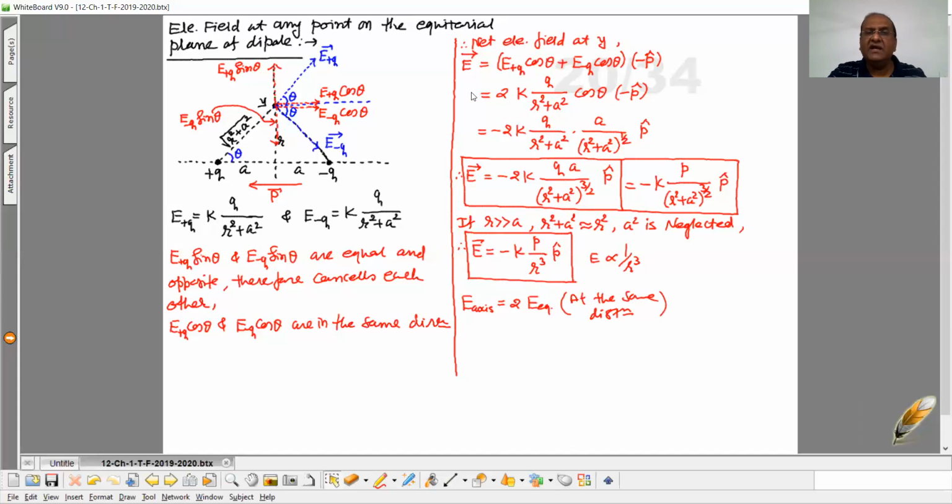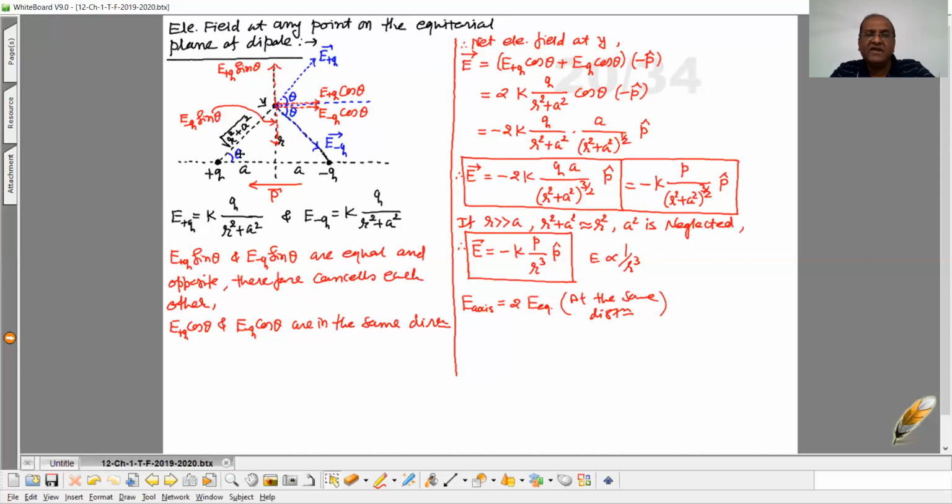So we can write net electric field E as E plus q cos theta plus E minus q cos theta, now multiplied by minus p caret. Now E plus q cos theta and E minus q cos theta are equal in magnitude. So we can write 2 times kq upon r square plus a square cos theta.